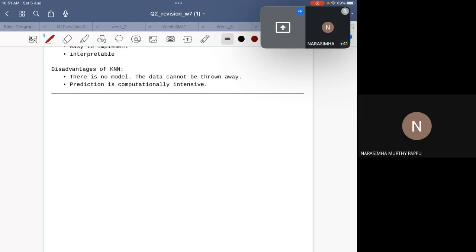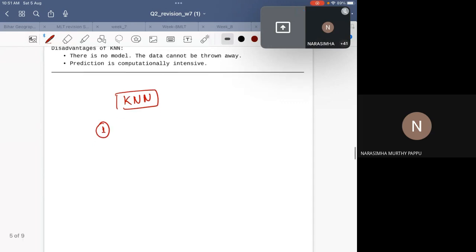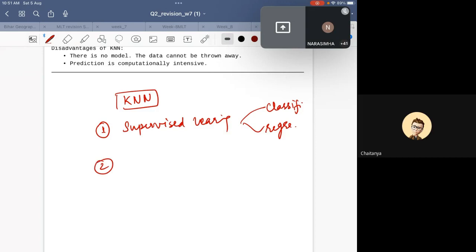Okay, so I'll give you 4 statements regarding KNN. Just tell me how many of them are correct. The first statement is, it's a supervised learning that can work on both classification and regression. Yes, sir.